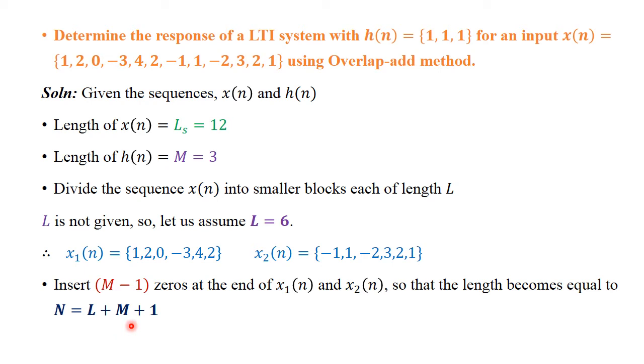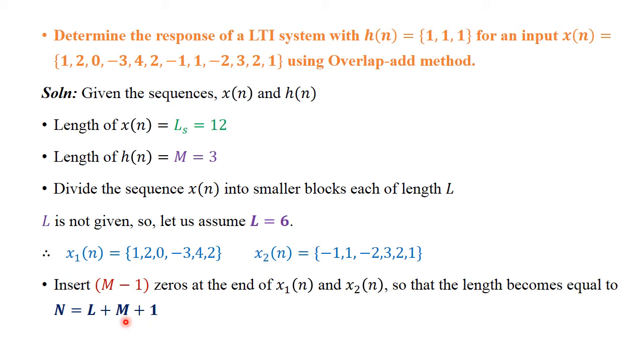In another sense, we can say that if you just concatenate M minus 1 zeros to this sequence, the sequence length automatically becomes equal to N, because we already have the sequence length L equal to 6. What is remaining in these parameters? M minus 1 is the remaining parameter.